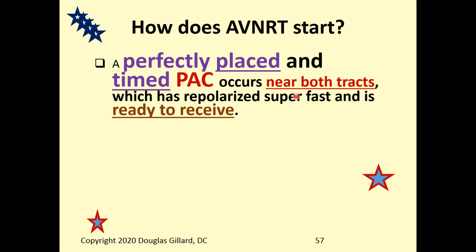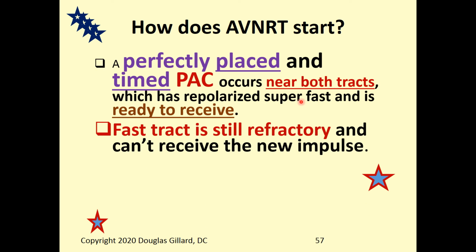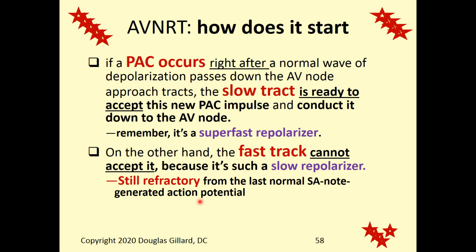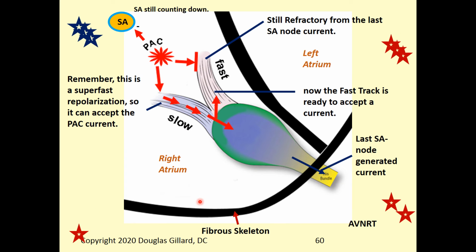It occurs near the entrance to both tracks, but one is repolarized and one isn't. Right? And the fast track can't accept the PAC, the rebel current, or the current from the PAC, but the other one can. Yeah, so the SA node potential. Let's go to the picture. Where's the picture? All right.